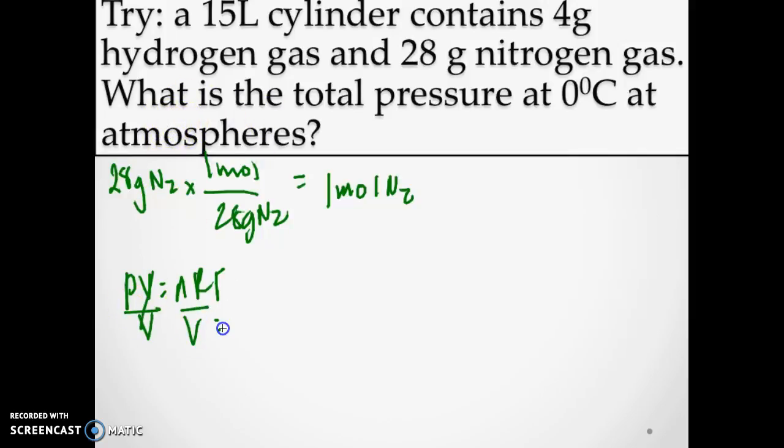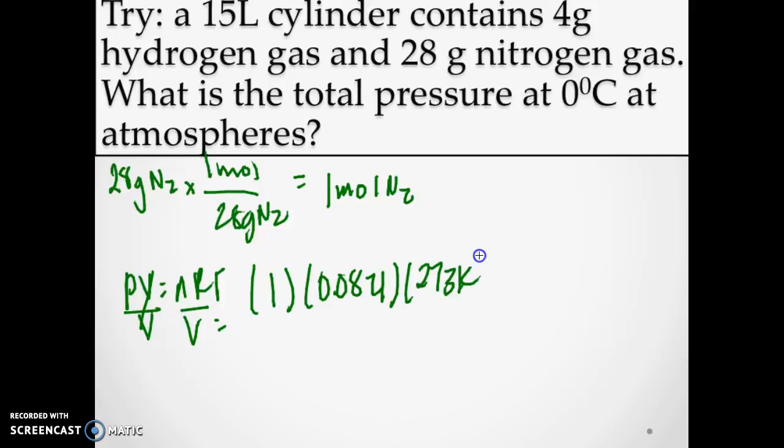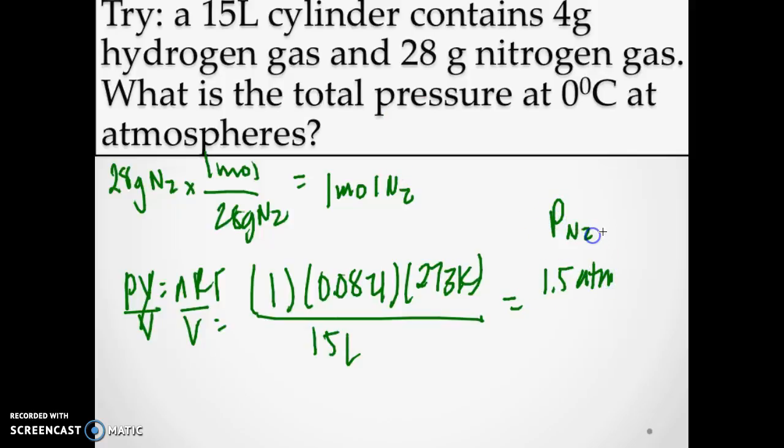So this is going to be your equation: 1 mole times 0.0821 times 273 Kelvin, because that's a temperature, and volume is 15 liters. And when you solve for this, you get 1.5 atmospheres. This is the pressure of N2.